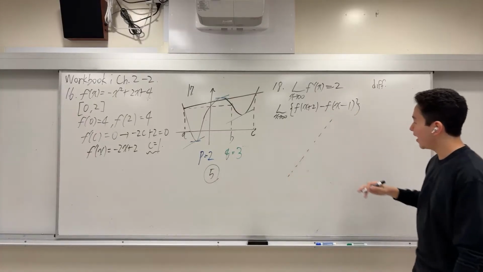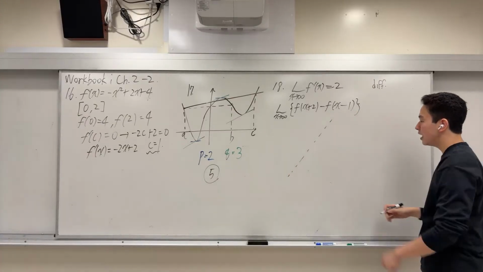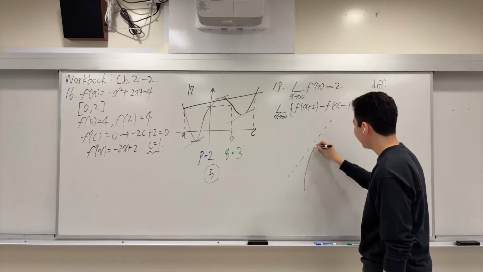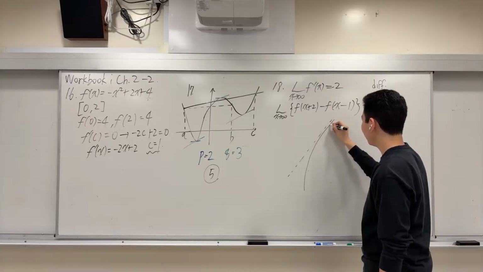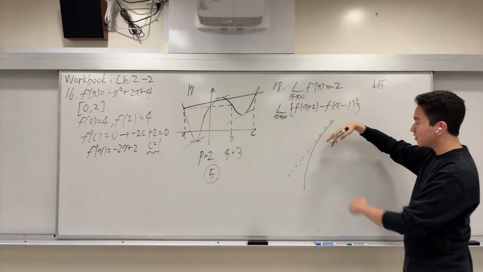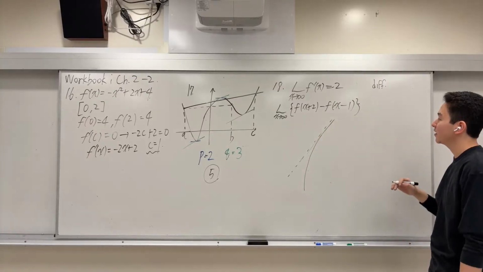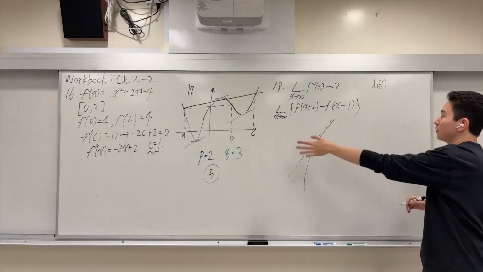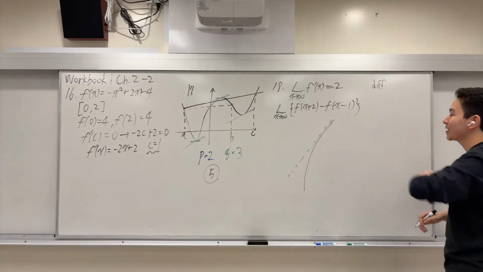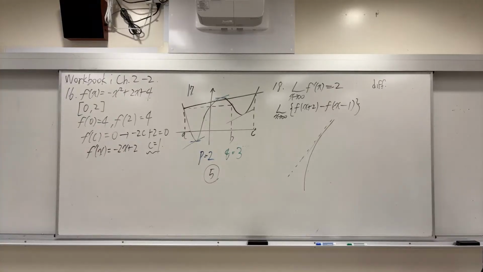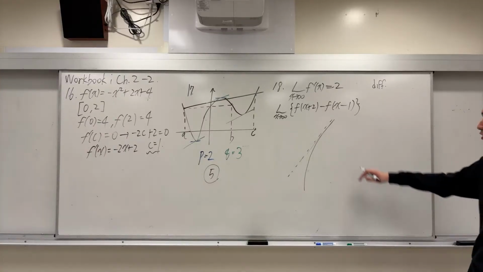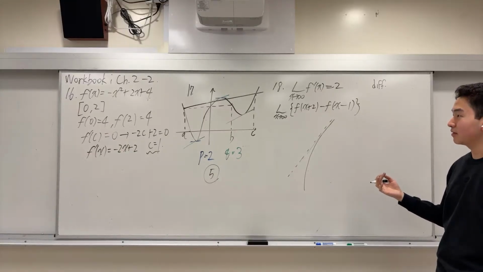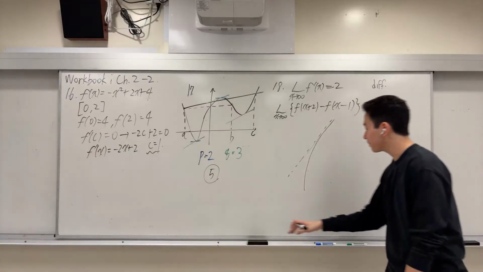So if this dotted line is a line of slope 2, maybe f of x will look something like that, where the derivative gets really, really close to 2 as you go to infinity. So it's probably increasing. So you would be dealing with an infinity minus infinity limit. But there's nothing much else you can do unless you gather more information about f of x, which there seems to be none of, right?